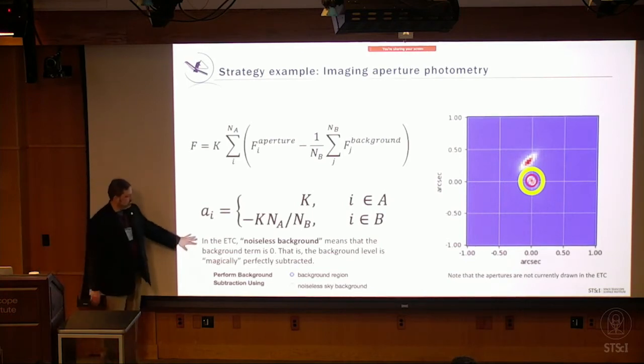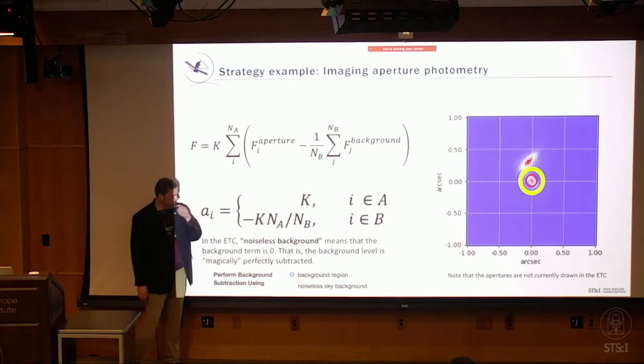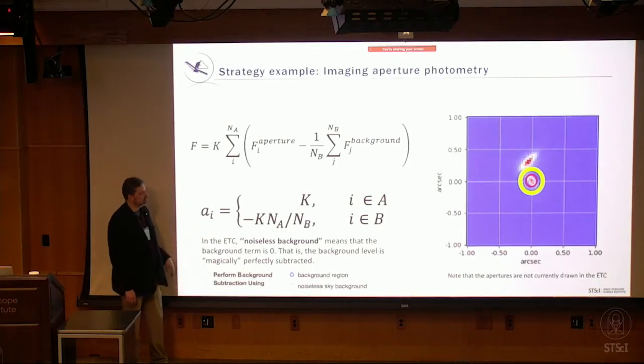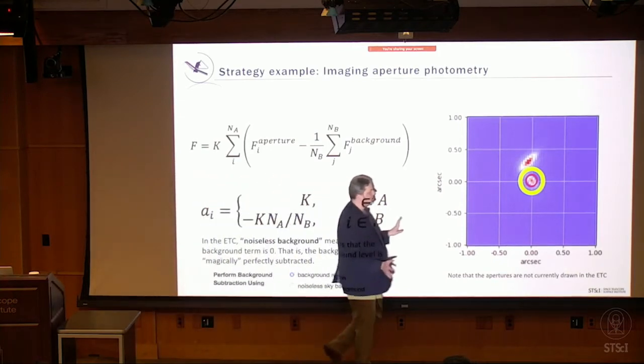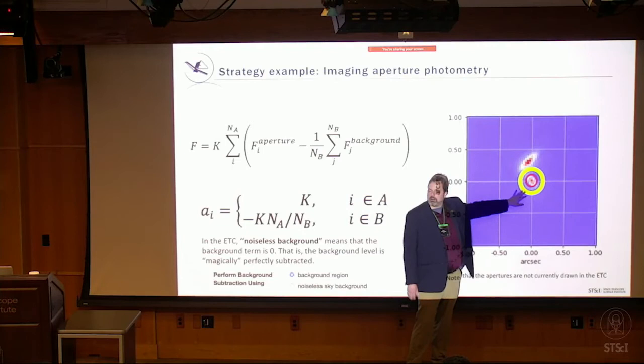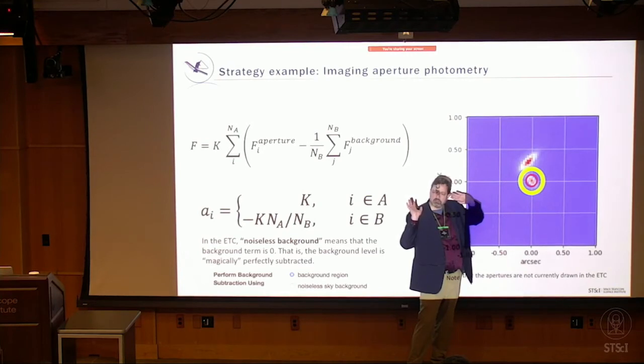There's a little note here in the ETC: there's a choice for noiseless background. What that means is related to this. Within the ETC, you can say, well, I don't care about this background. In real life you have to subtract a background, but what if I just magically know what the background number is, and I don't make a measurement?